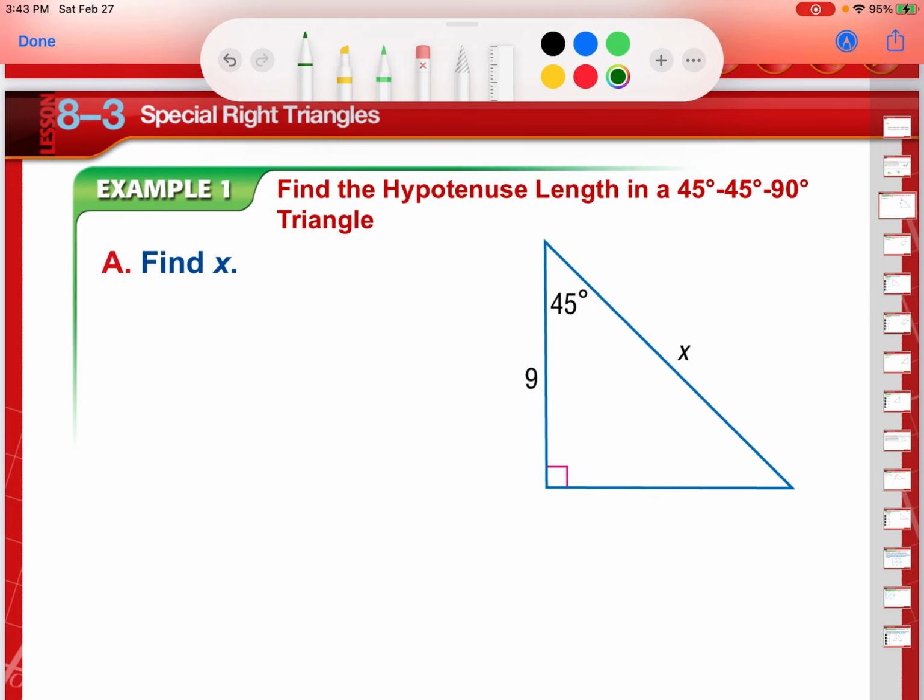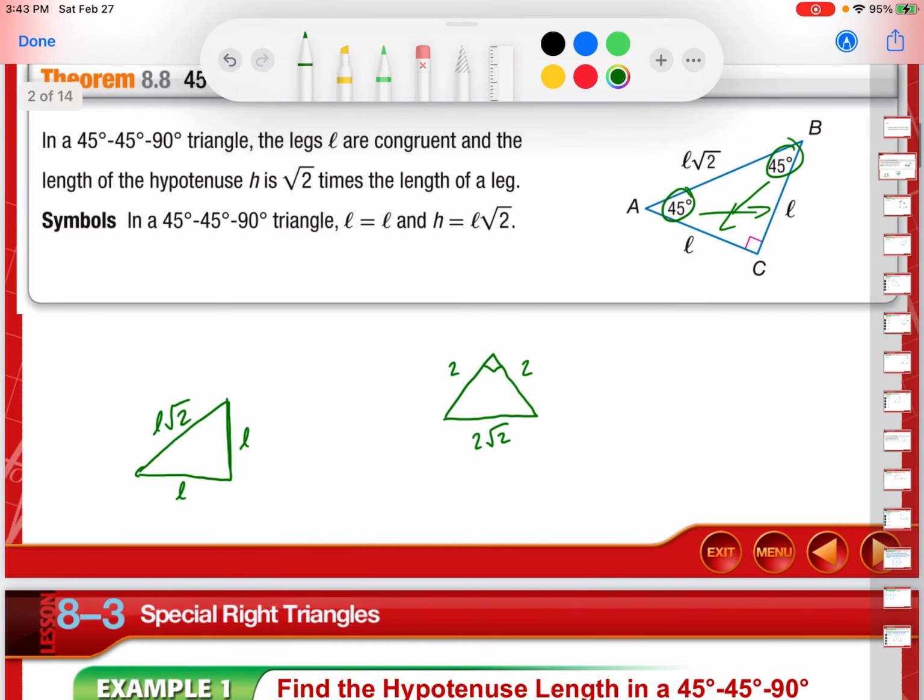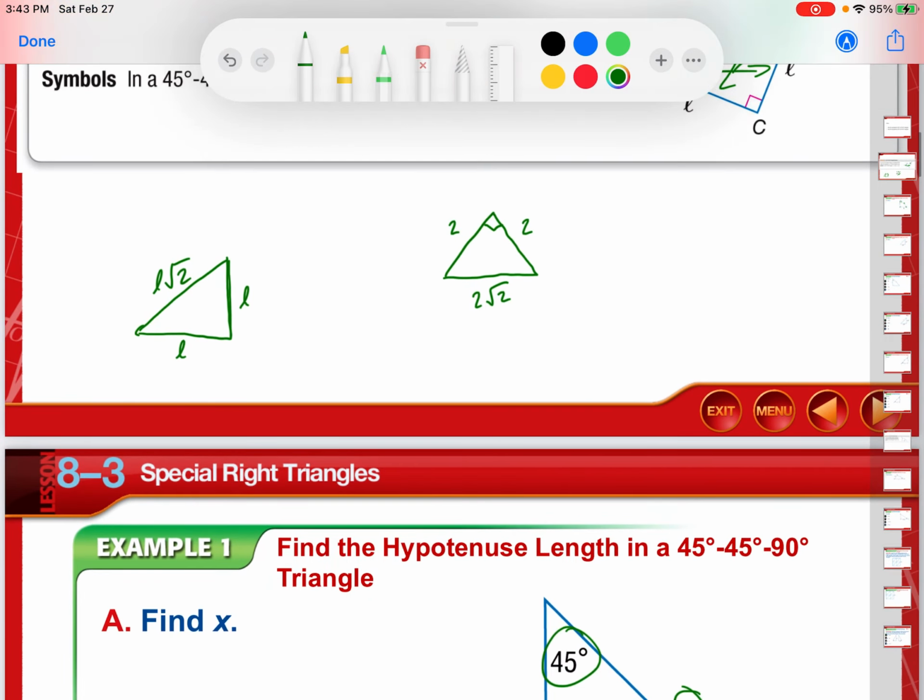So an example of this being, in this problem, they ask us to find x. Well, they show we have a 45-degree angle and a 90-degree angle, which means we know that this third angle is 45. So we have a 45, 45, 90 triangle, which means the two legs of the triangle are going to be the same. So we're going to have 9, 9, and then unknown for x.